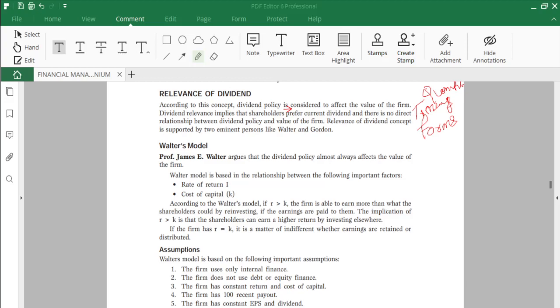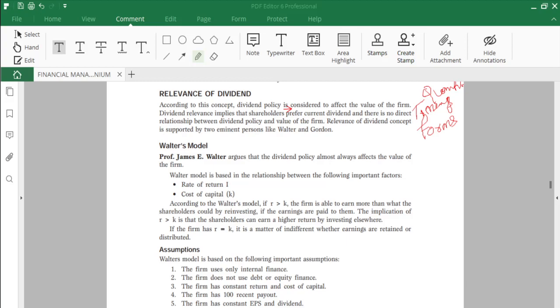Professor James E. Walter argues that the dividend policy almost always affects the value of the firm. That means when you declare dividend, it has a bearing on the value of the firm.